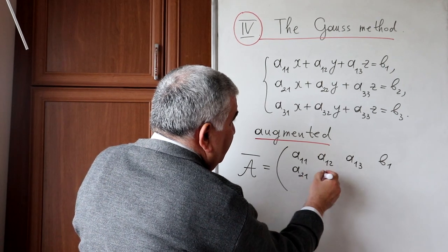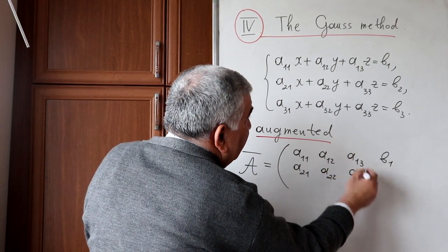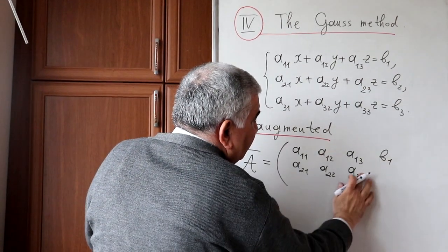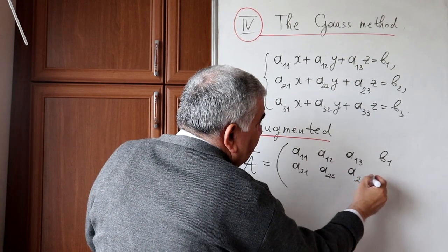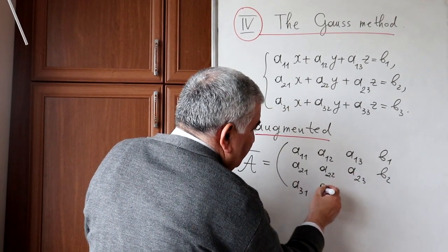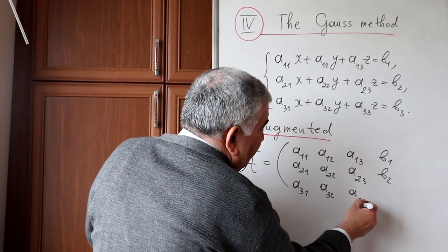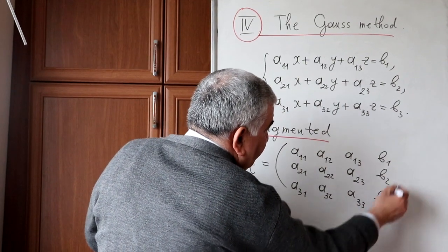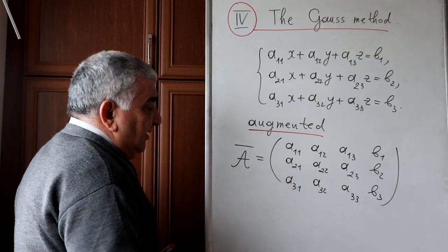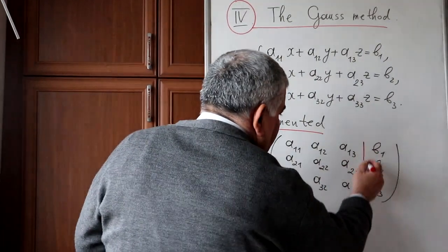A21, A22, A23, B2, A31, A32, A33, B3. We can separate coefficients and constant terms.